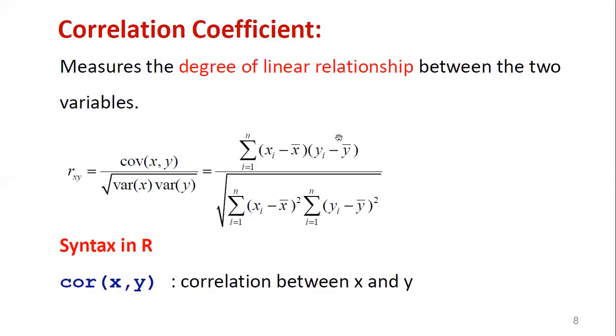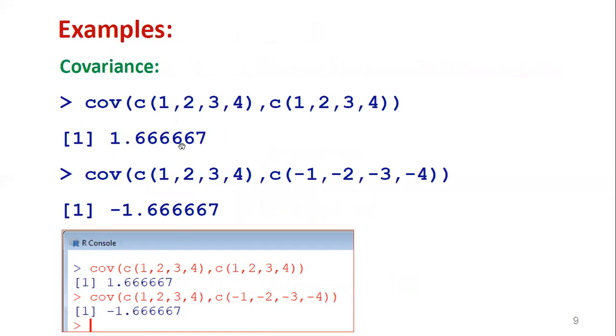The equivalent syntax in R for the correlation coefficient is the command COR within parentheses x comma y, which gives the correlation between x and y.